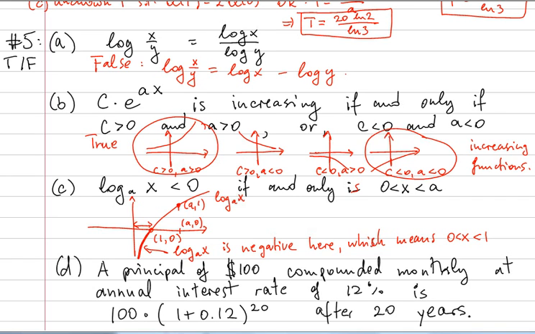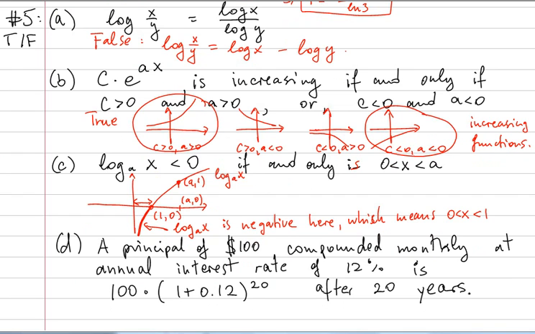The next question is asking about compound interest. A principal of $100 is compounded monthly. That's very important, monthly, at an annual interest rate of 12%. So this is false. The formula would be true for annual compounding, but not monthly compounding.